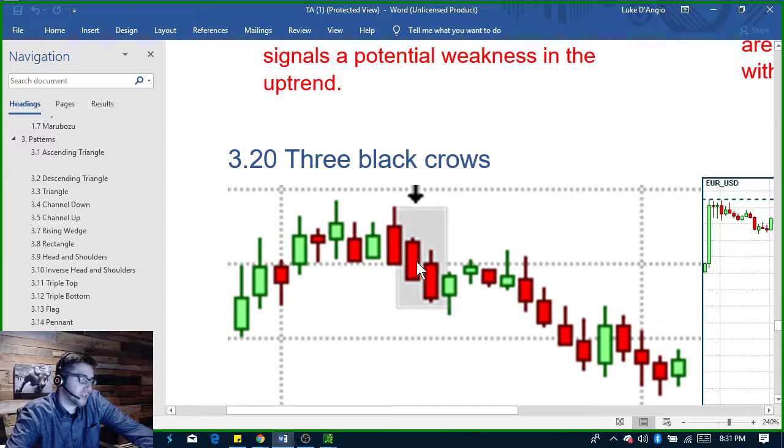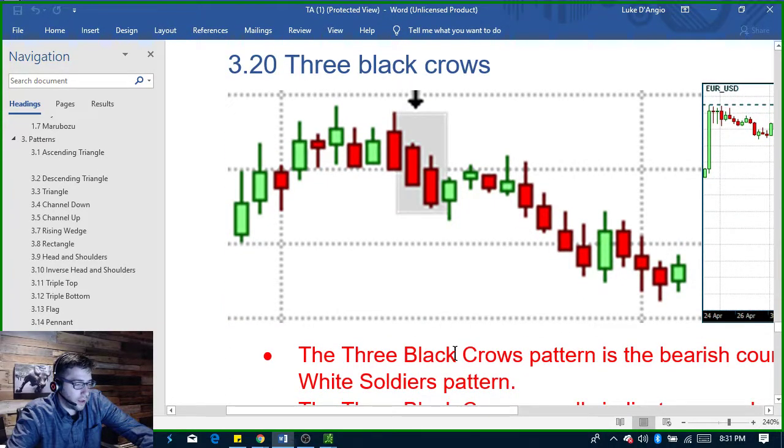Three black crows. I like black crows as well. Typically, black crows are done with 2 candles, but 3 is even better. So a black crow is basically a red candle followed by another red candle on an uptrend. Typically leads to a downward formation.